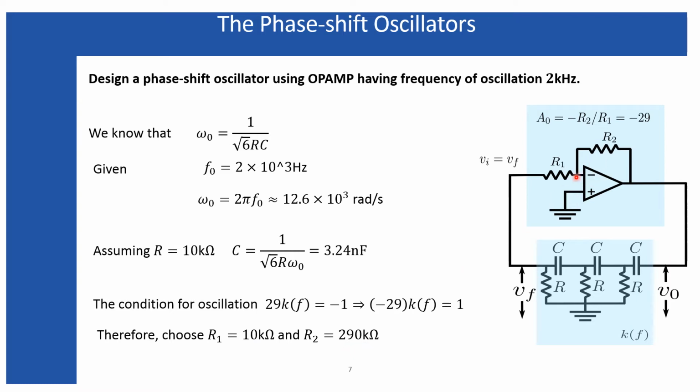So since this operational amplifier is in inverting configuration, the ratio of the output and input is the gain, which is A naught, and which has the expression of minus R2 by R1, and since I am choosing R2 as 290 kilo ohm and R1 as 10 kilo ohm, the gain will be minus 29.